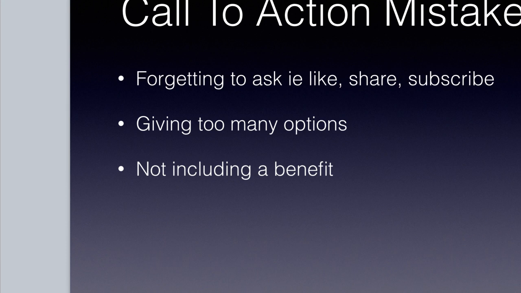The first is forgetting to even give the call to action, forgetting to ask for a like or a share or subscribe or download, etc. Second, giving too many options. You don't want to give 6 different options on your end screen, or maybe 10 different calls to action on your cards. And third, not talking about the benefit of that call to action. Those are just some ideas of the mistakes that could be made.